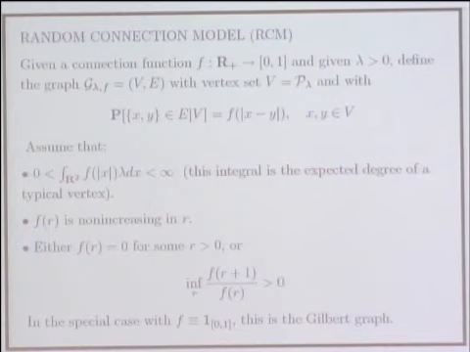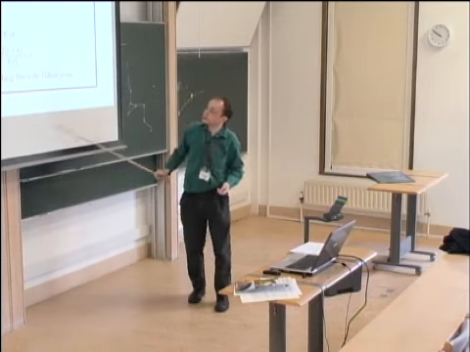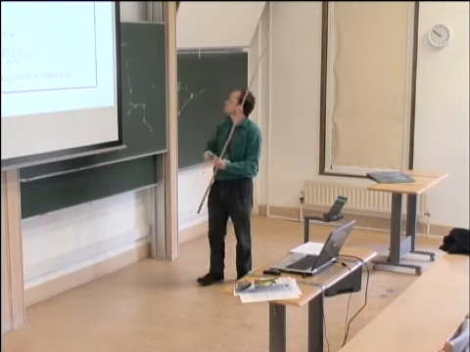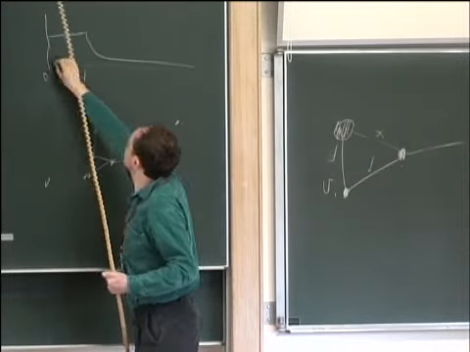So if the function f was just a step function, then it would reduce to the Gilbert graph, because then you'd be joining with probability 1 if the distance between them was less than 1 and not otherwise. But in general, we might have some function that might be horizontal for a while and then decrease or whatever.